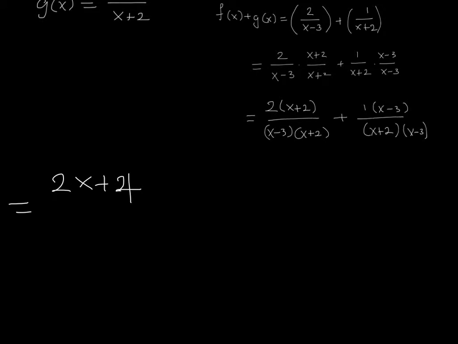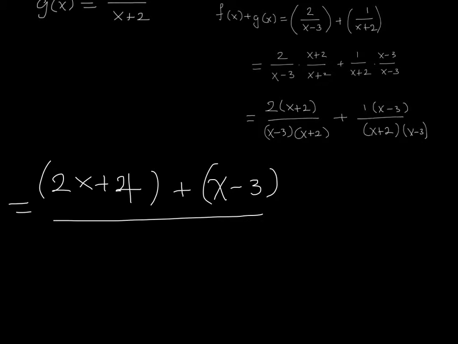So multiplying out the numerator of the first one, we have 2x plus 4. And then we're adding to that the second one, which is just x minus 3. And now we have the common denominator. Now once again, I don't need these parentheses here, but it often helps, especially when dealing with functions, to make sure you distribute the sign properly.